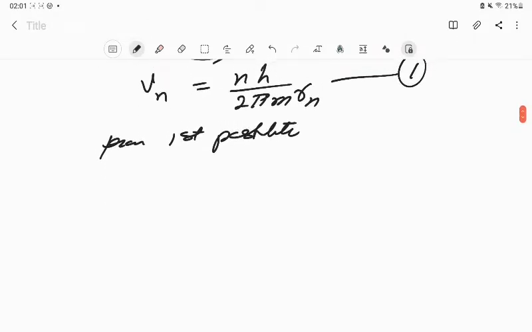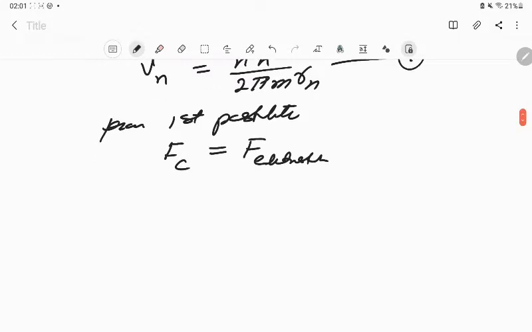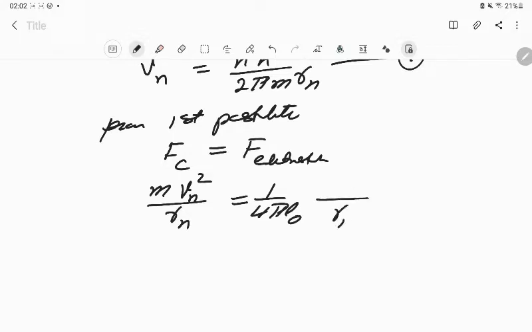The centripetal force formula is m v square by r, so m vn square by rn, equal to 1 by 4 pi epsilon naught q1 q2 by r square, rn square.